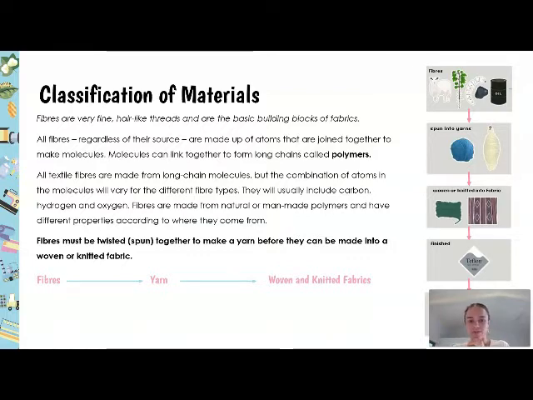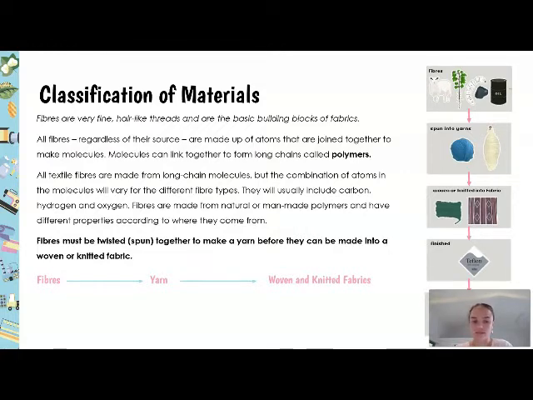Classification of materials. Fibres are very fine hair-like threads and are the basic building blocks of fabrics. So we're starting at fibres. All fibres, regardless of their source, are made up of atoms that are joined together to make molecules. Molecules can link together to form long chains called polymers.